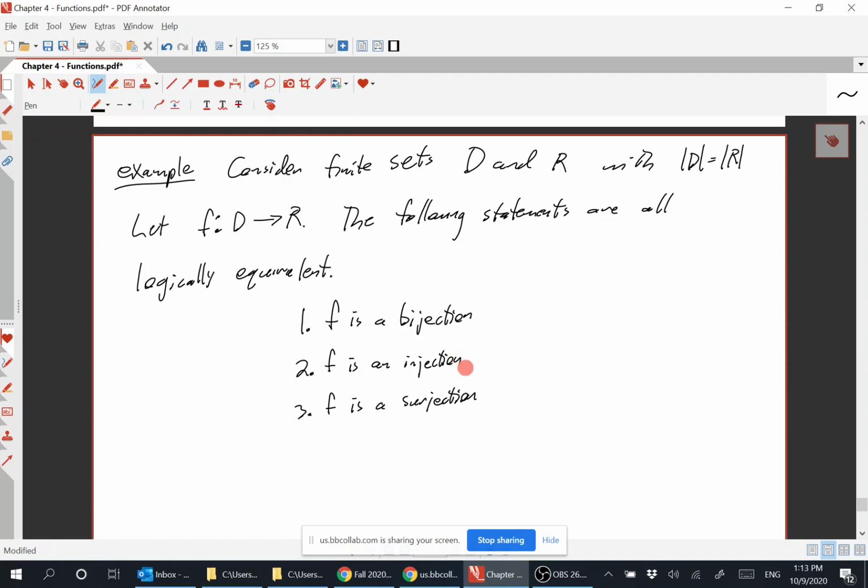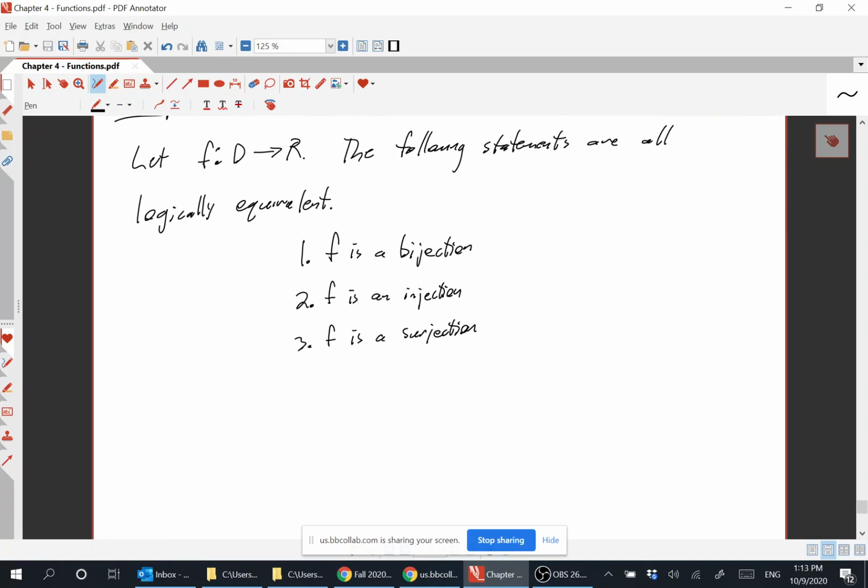F is injective if and only if F is surjective, when the domain and range have the same size. If they don't have the same size, then you actually can't have a bijection. You can only have an injection or a surjection, or neither, depending on the size of D and R.